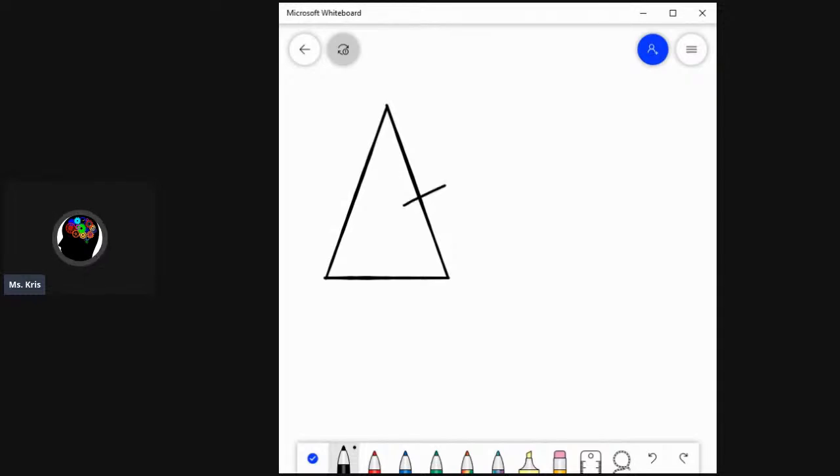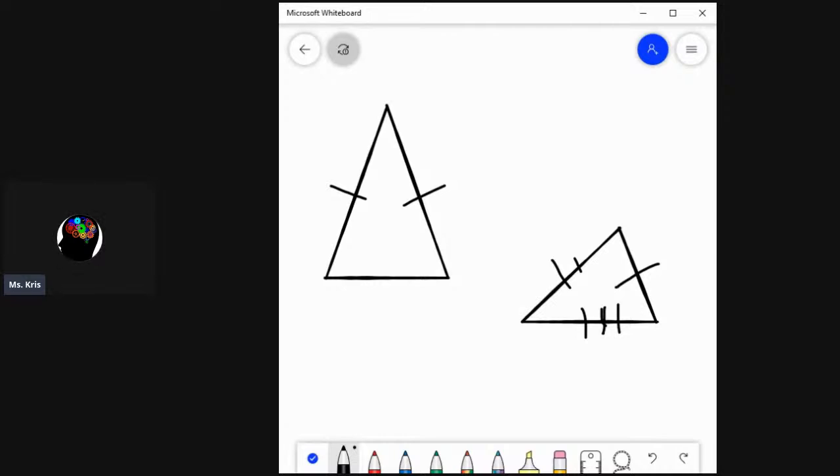Isosceles triangle simply means 2 of my sides equal each other. Scalene means none of my sides are equal. They all are different sides.